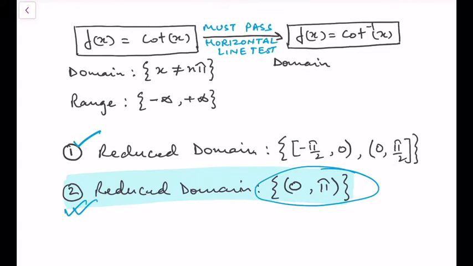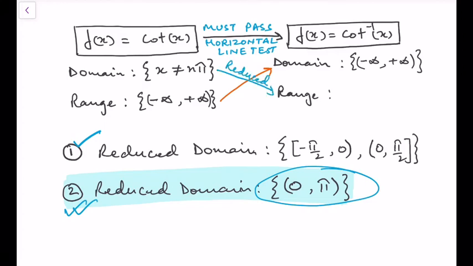So now the domain of cot inverse x is the range of cot x, that is from minus infinity to plus infinity, and the range will be the reduced domain of cot x, and that reduced domain is from 0 to pi.